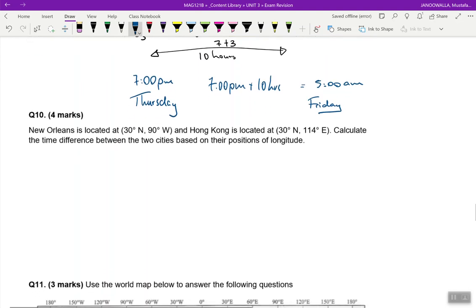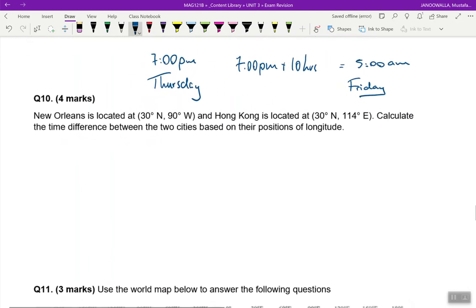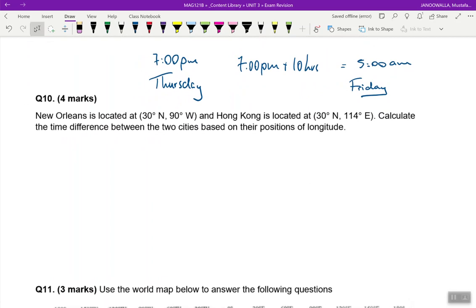Okay, question 10. So this one, it's giving you 2 points, New Orleans and Hong Kong. They are on the same line of latitude, and we need to get the angular distance of the longitudes. They are at different points, one's west, one's east, and if they're different we add, if they were the same we subtract.